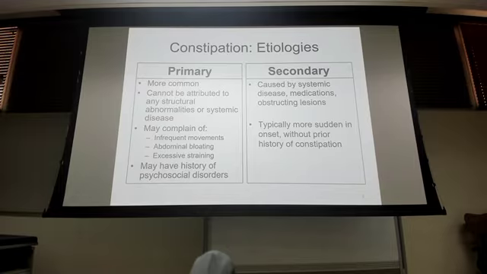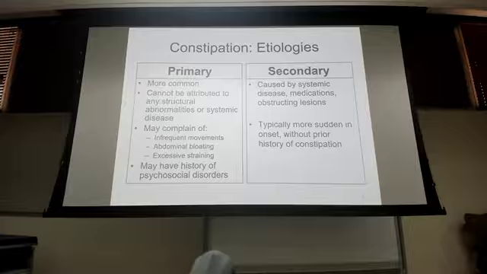Basically, the pelvic floor, the abdominal musculature, and the rectum are not working in unison to pass the feces. So you get spasming, you get abdominal cramping, but everything's not working in unison between those three, between your abdominal muscles, your sphincter, and your pelvic floor.